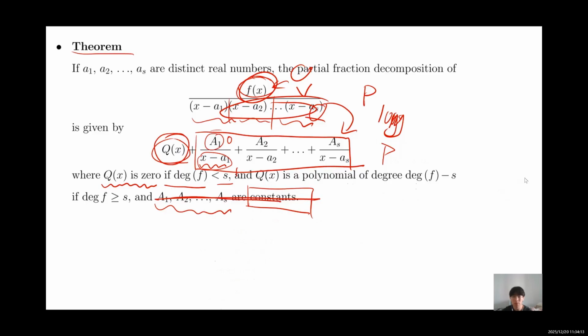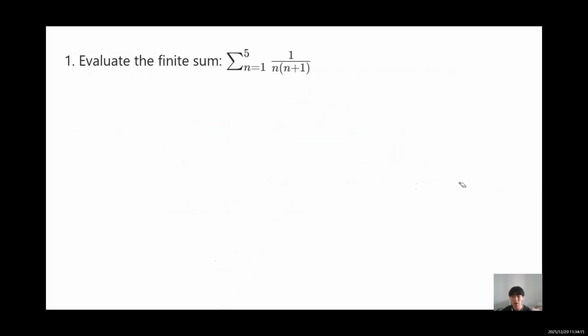Okay, next. Let's begin with this problem. Evaluate the finite sum of this expression from n equals 1 to 5.